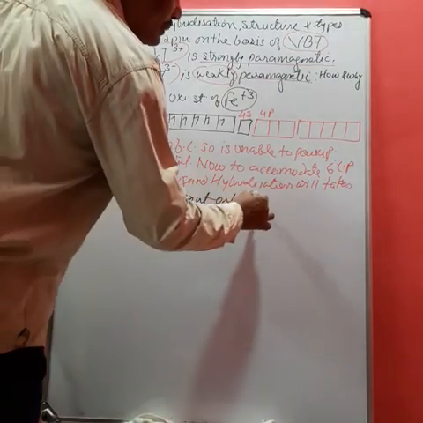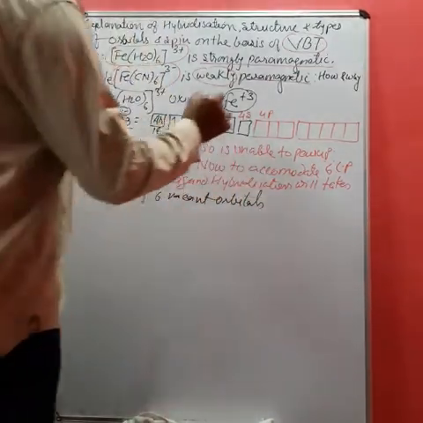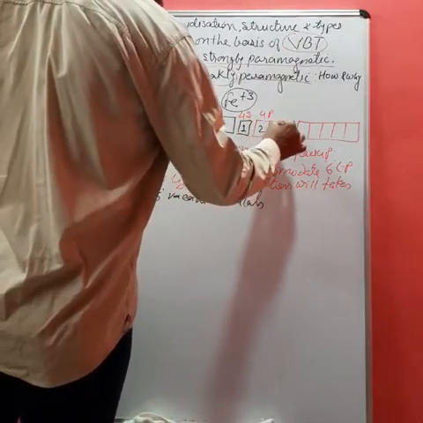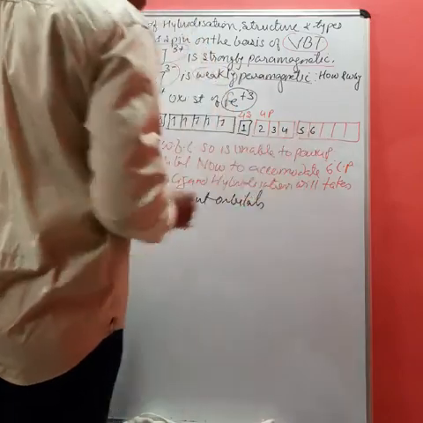Which vacant orbitals? So this is 1, 2, 3, 4, 5 and 6. That is simple.